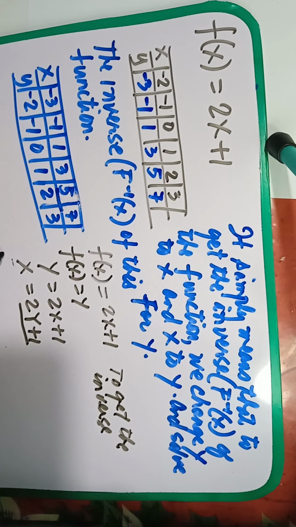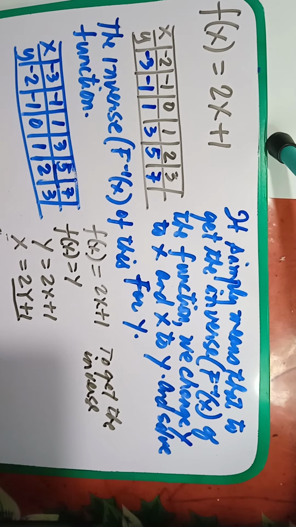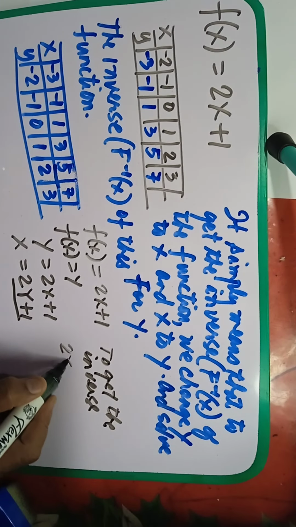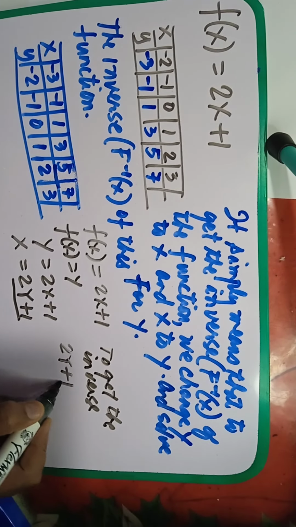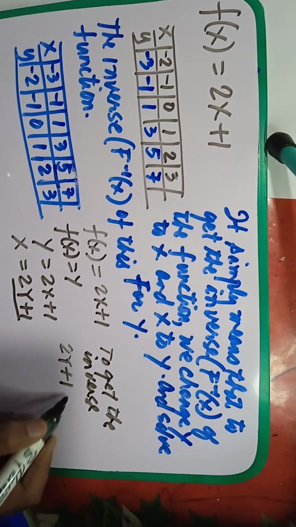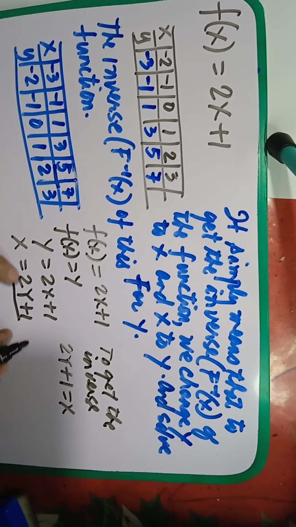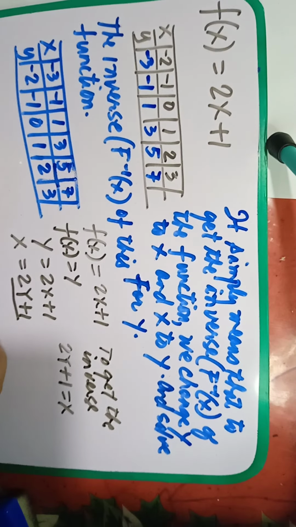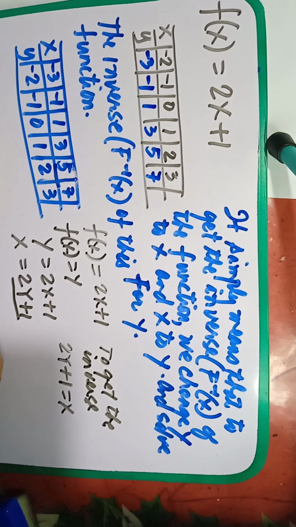So this is how it is done. 2y plus 1 equals x. So interchange. But anyway, you can also solve this without using the commutative property. So solve for y.